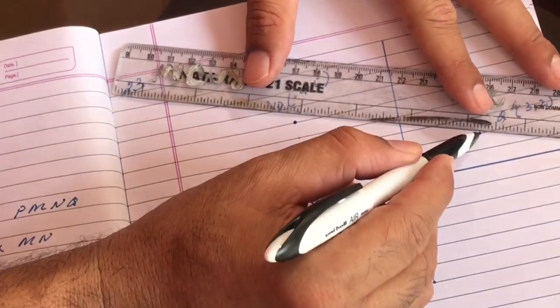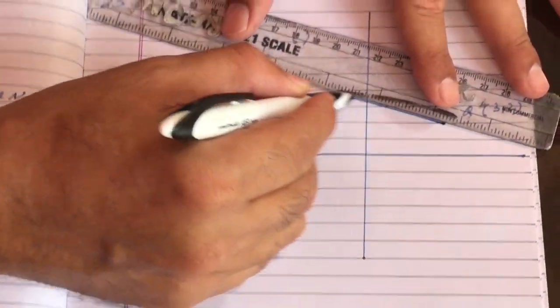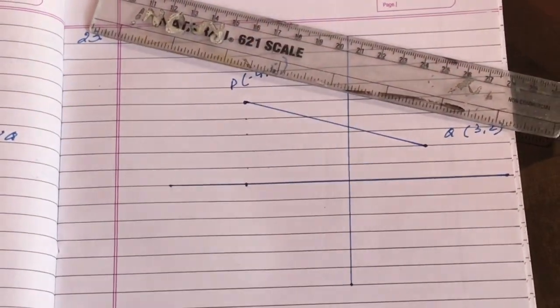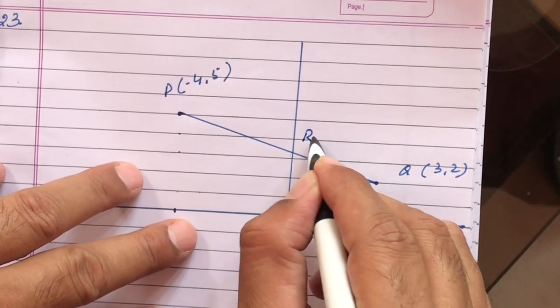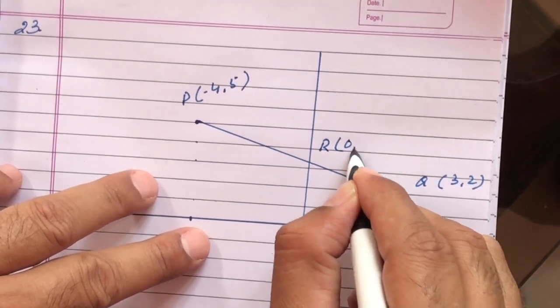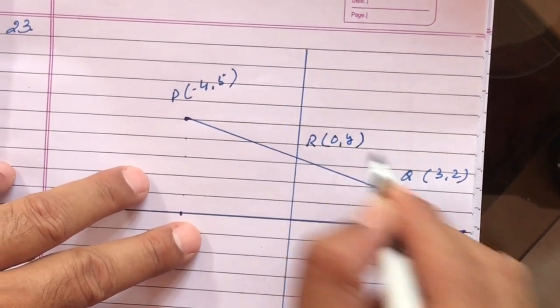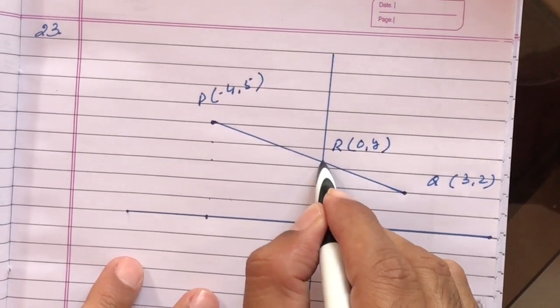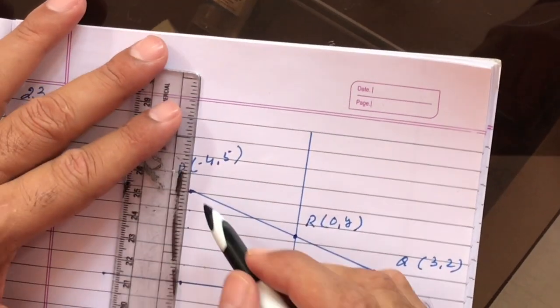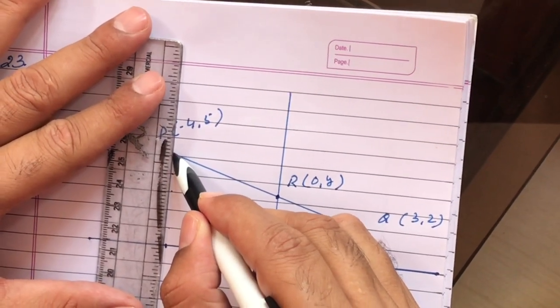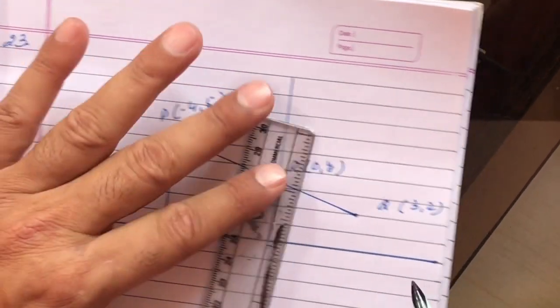Then I join P and Q. It meets the y-axis at R. Any point on the y-axis is (0, y). From P, a perpendicular is drawn to the x-axis.